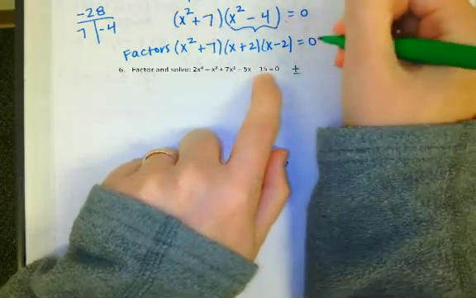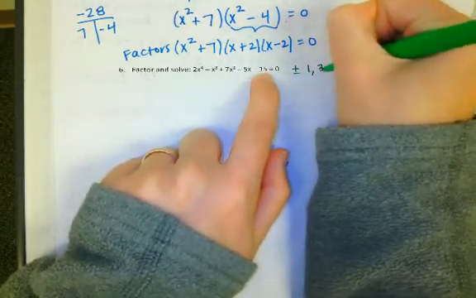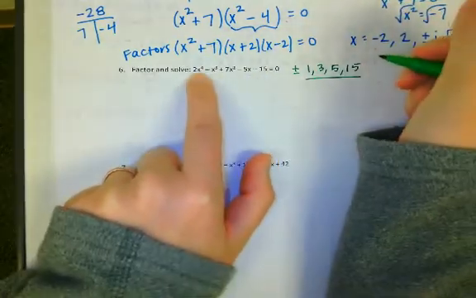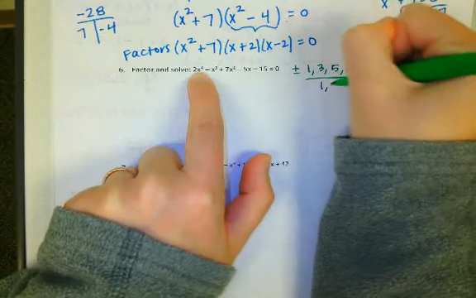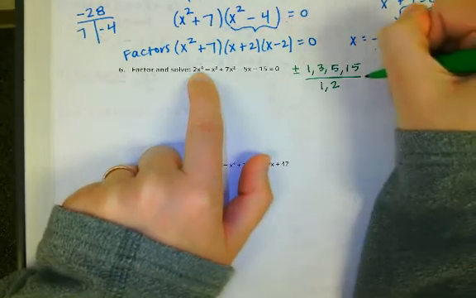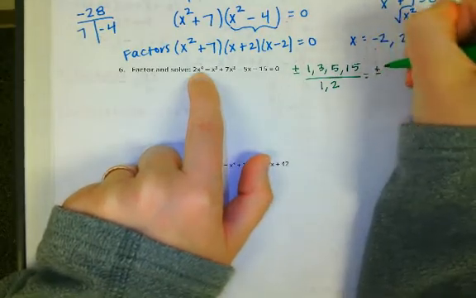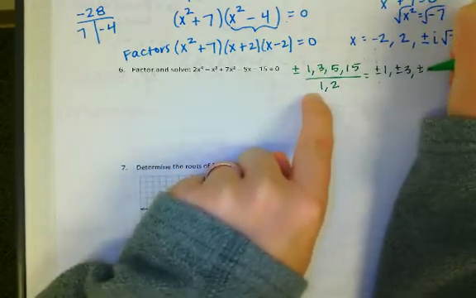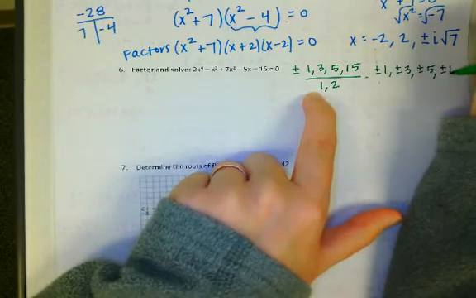So all the numbers that are factors of 15, 1, 3, 5, 15. All the numbers that are factors of 2, 1 and 2. So that's positive and negative 1, positive and negative 3, positive and negative 5.